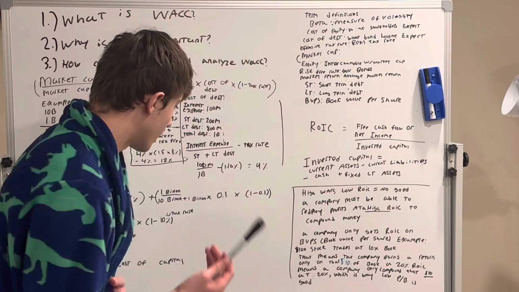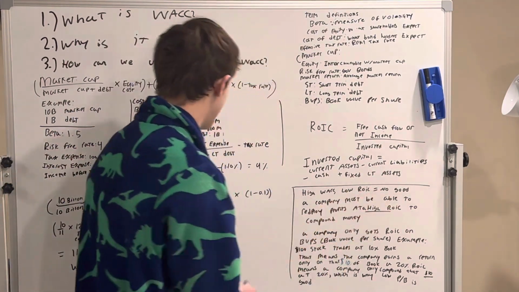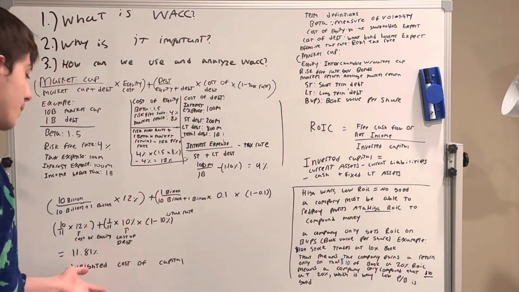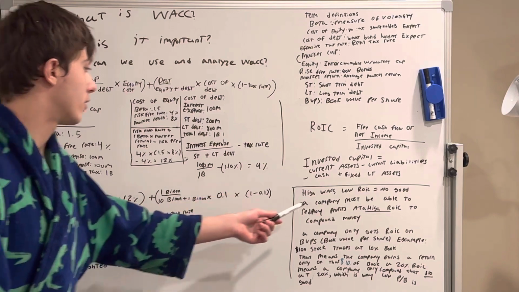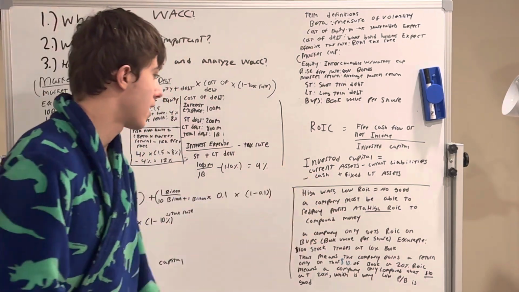So what does that mean? Well, high WACC, low ROIC equals no good. If it costs a lot of money for a company to borrow, or investors expect a lot from the company, and they have a low return on invested capital, that's a recipe for disaster.